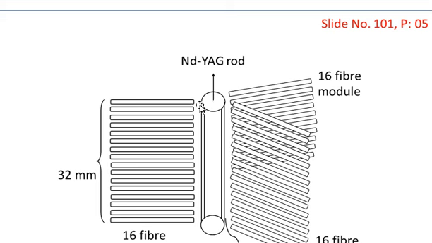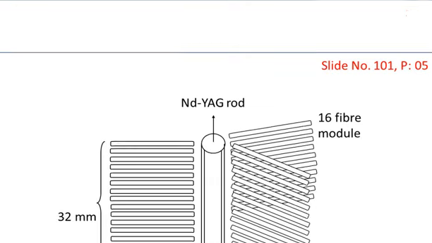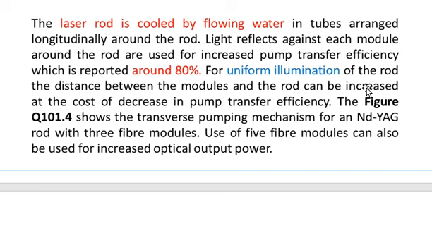So on the other side, away from the center of the fiber, the beam slightly falls in intensity. So if we want to have a uniform illumination of the rod, the distance between the fiber modules and the rod can be increased at the cost of a decrease in pumping transfer efficiency. The advantage is that the pumping will be uniform, but the disadvantage is that the pumping efficiency is reduced.